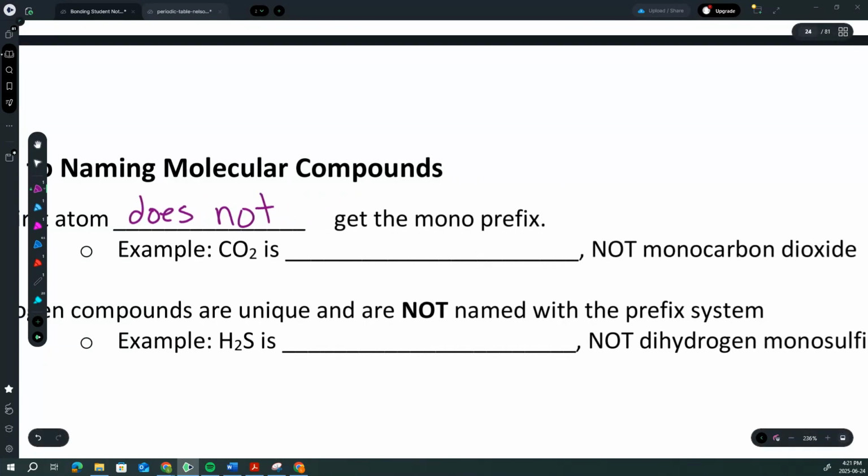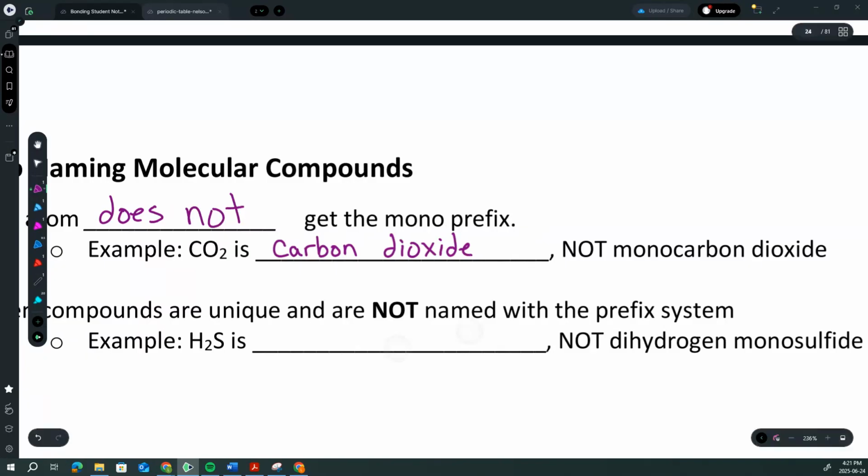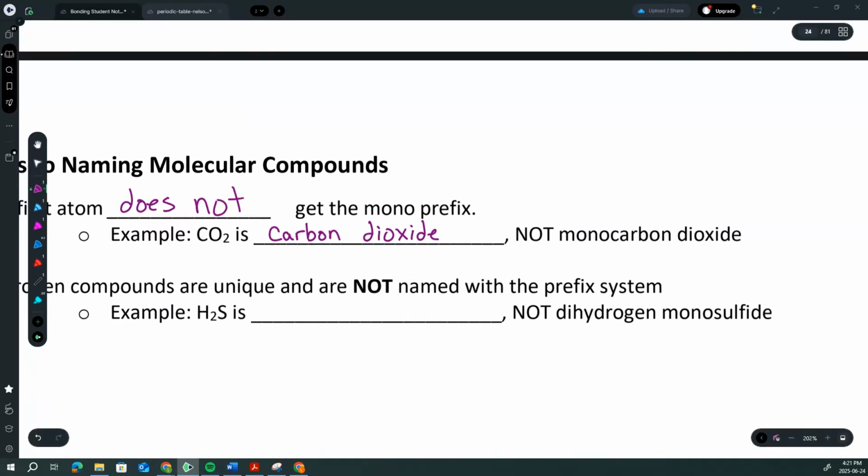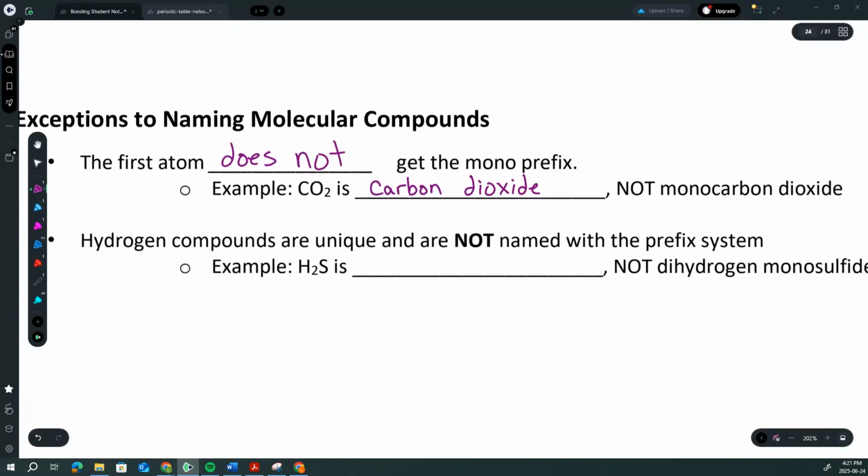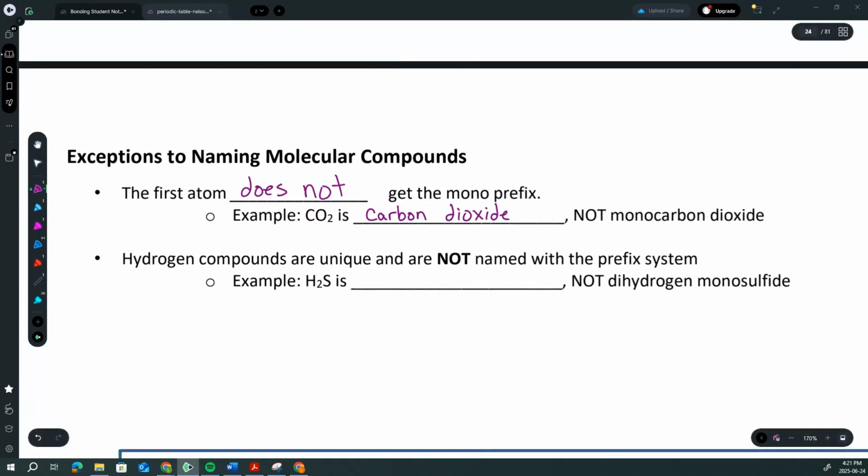So for example, CO2, that's going to be carbon dioxide, so di because there's two oxygens. Okay, but it's not going to be monocarbon dioxide.